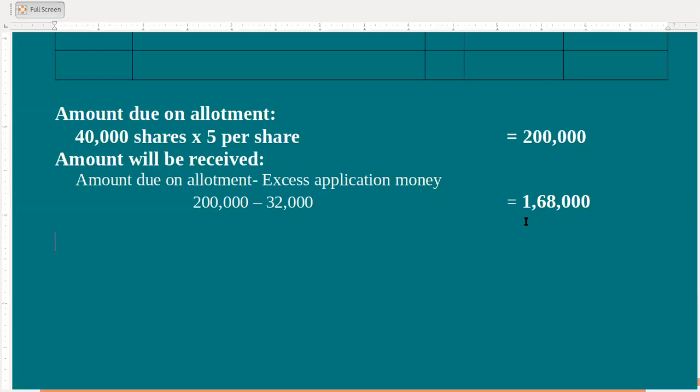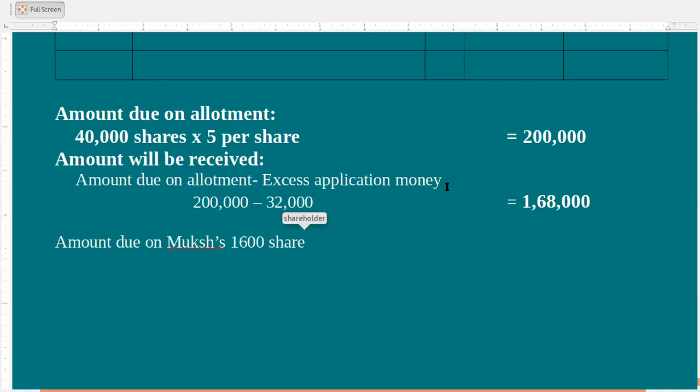Okay, we have to find out the calls in arrears now. Amount due on Mukesh's 1,600 shares.